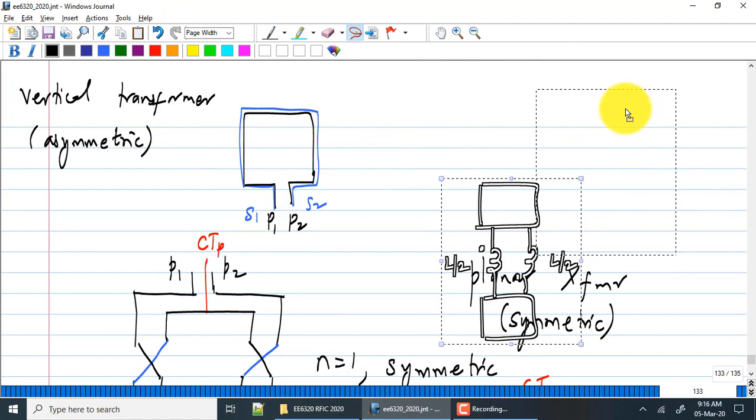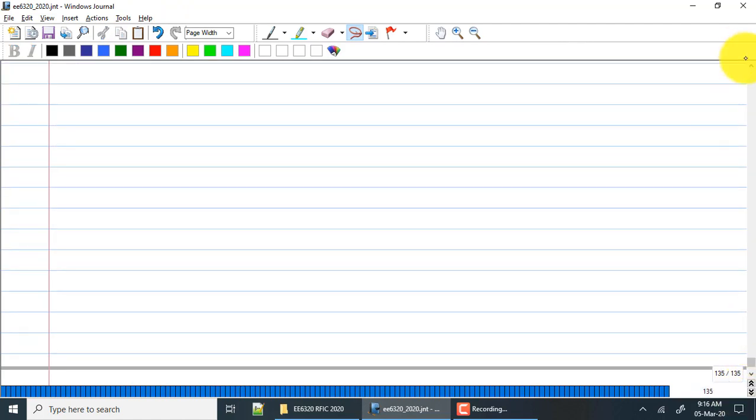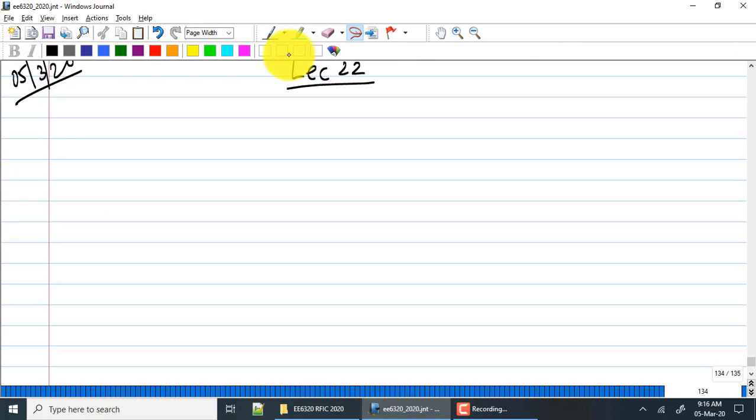You can move this here. So, quick review of S parameters.